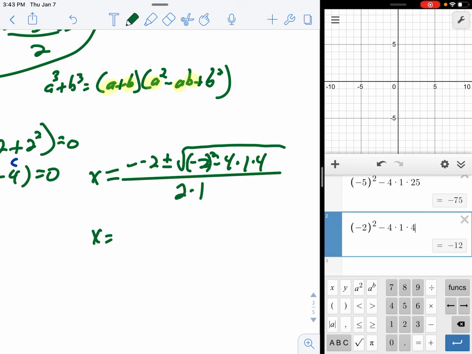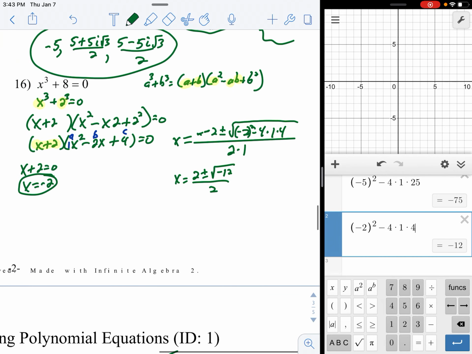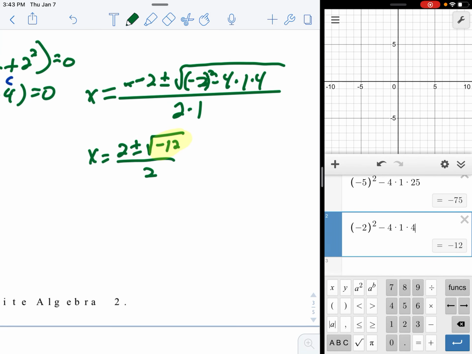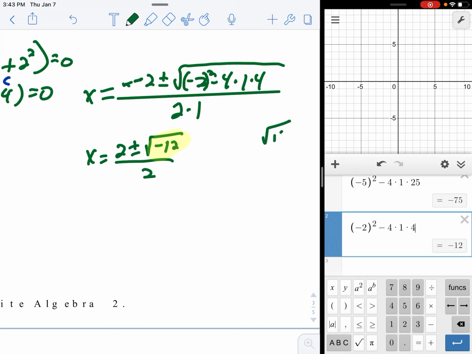So x equals -(-2) is +2, plus or minus the square root of -12 all over 2. Now again, I've got the square root of a negative, so that means it's going to be imaginary. And also I have a 12 here, which is 3 times 4, and that's 2 times 2.